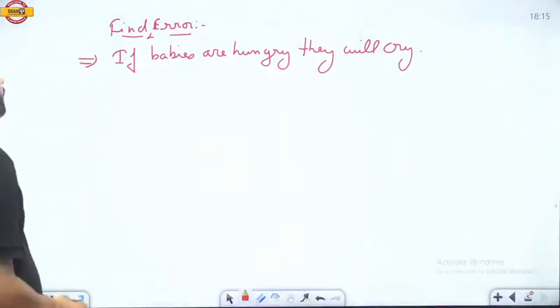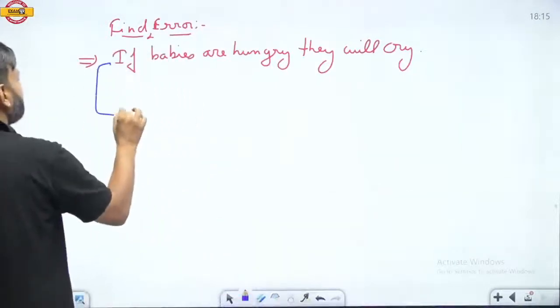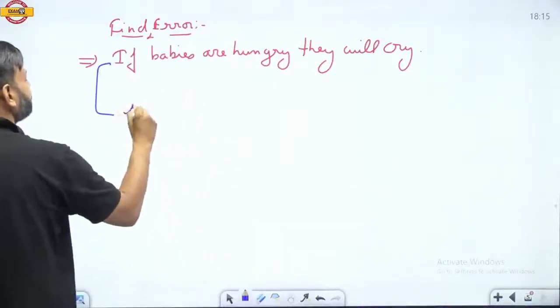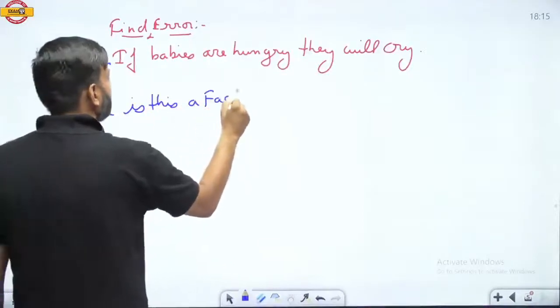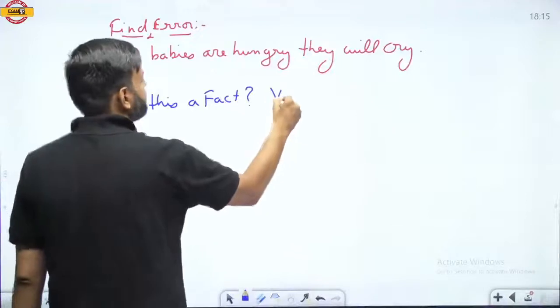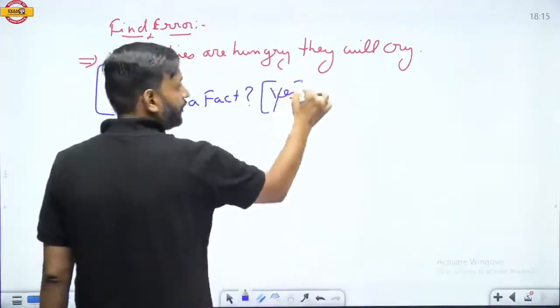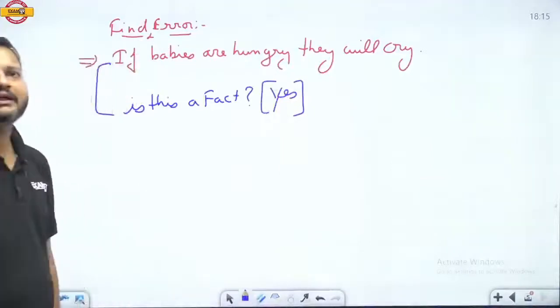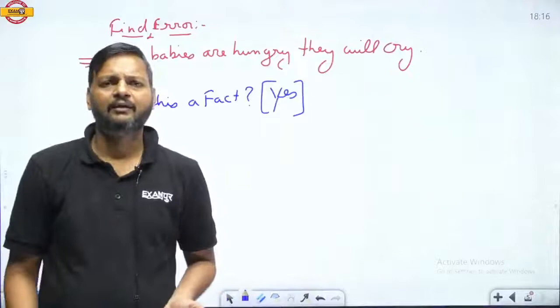See, can you see the fact in this sentence? Is this a fact? Yes, definitely. It is a fact. This is definitely a fact. If babies are hungry, they cry.